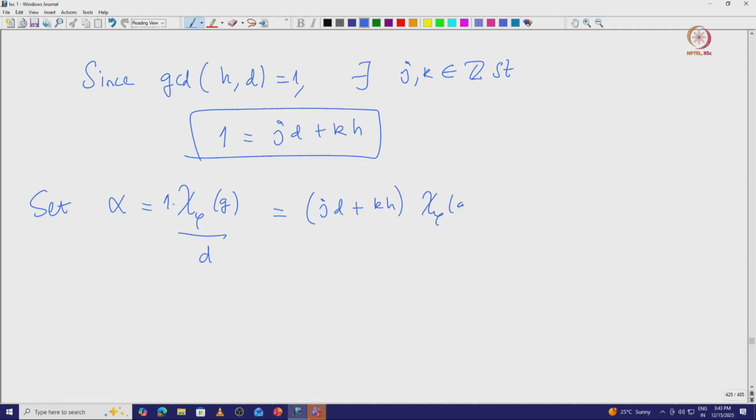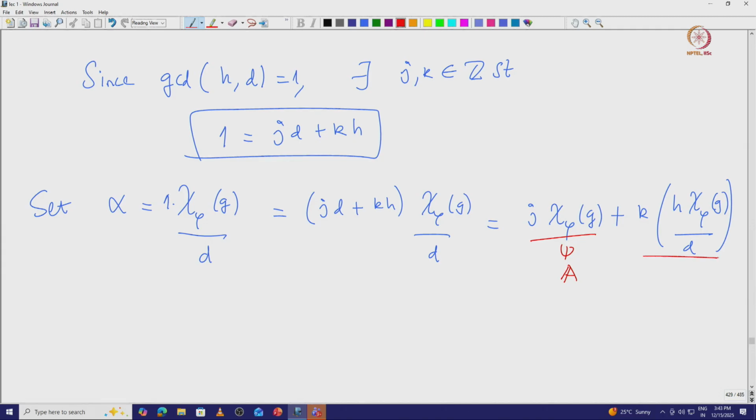Then alpha becomes j times chi phi of g plus k times h chi phi of g divided by d. This first element is an algebraic integer, being an integral multiple of an algebraic integer, and the second is also an algebraic integer for the same reason. Their sum is also an algebraic integer. That implies that alpha is an algebraic integer.